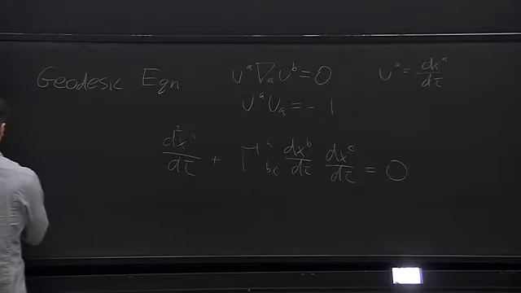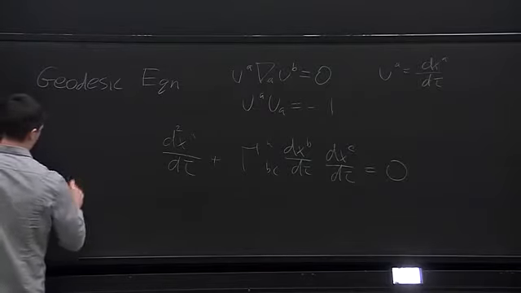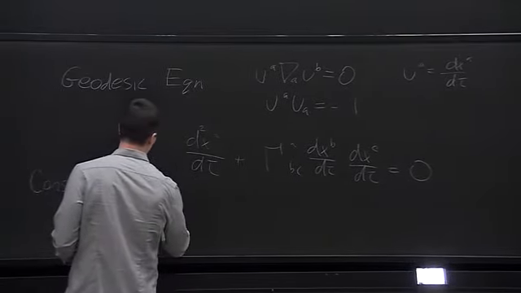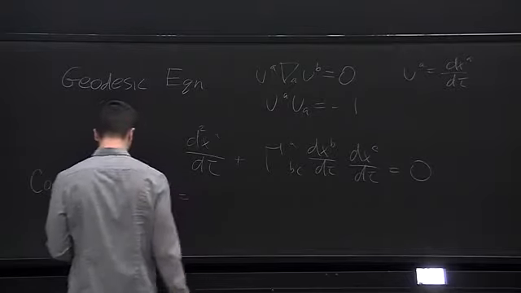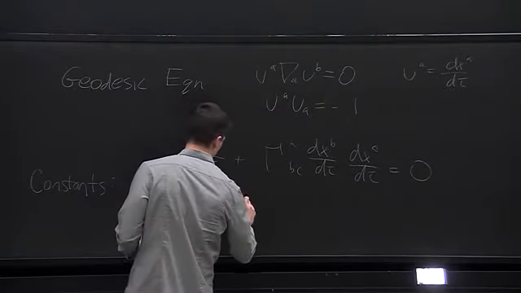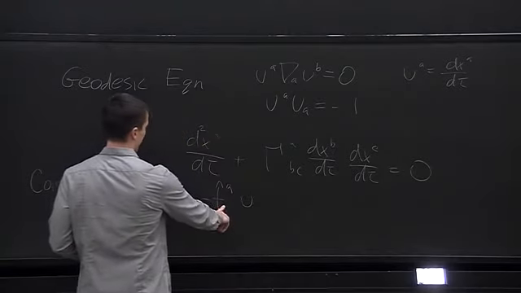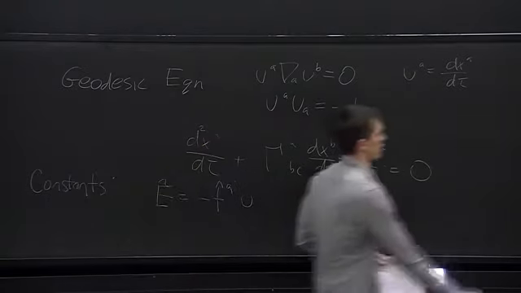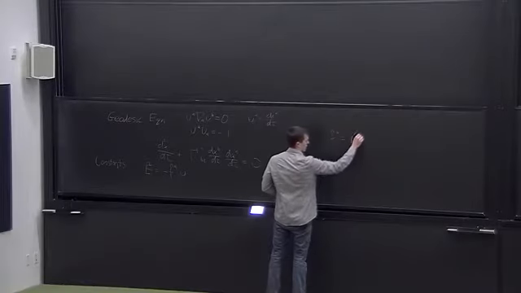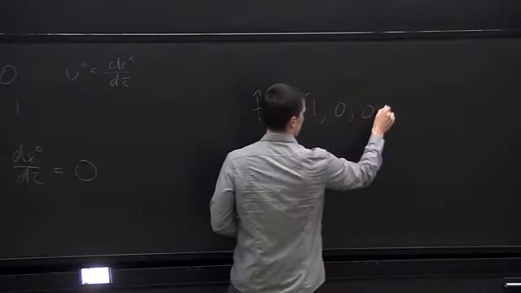So the first constant we'll get by contracting our time-like Killing vector. Just remember, this is the one that in our Boyer-Lindquist coordinates looks like this.